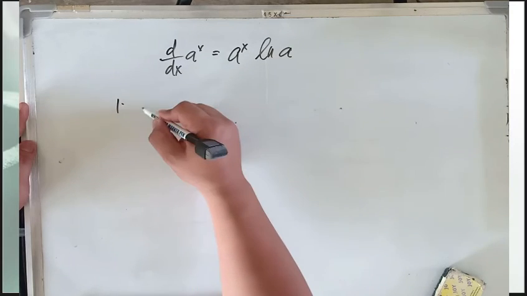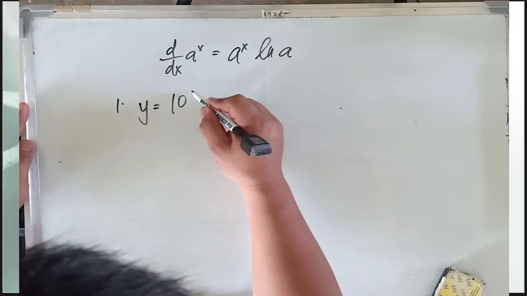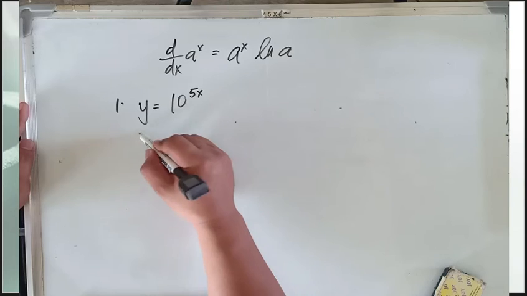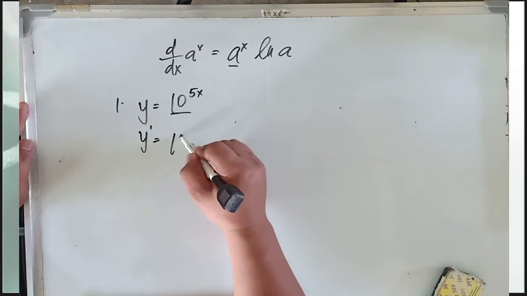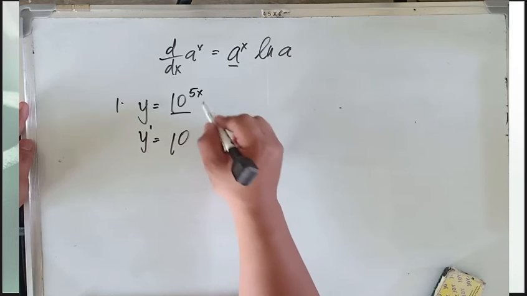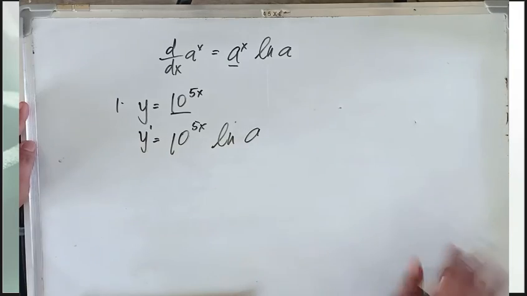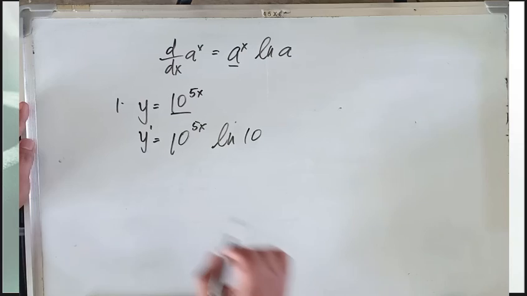Find the derivative of y is equal to 10 raised to the 5x power. Now, y prime here is equal to, your a is the constant 10 raised to 5x, just copy, then ln of your a, which is 10. So, that's it.